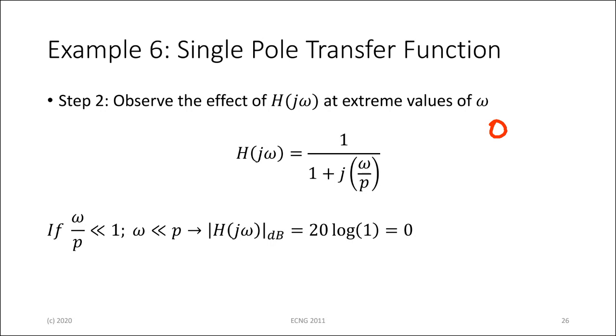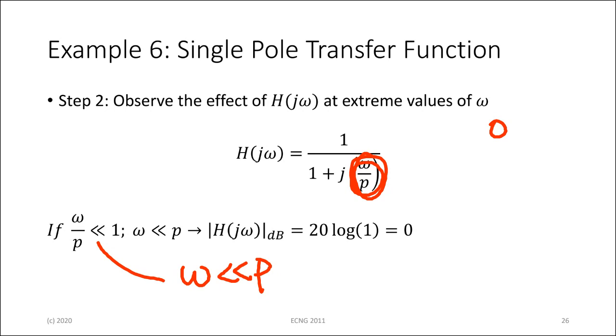So the first thing is that if omega over P is much less than 1, in other words, if omega is much less than P, then this fraction here is going to be less than 1.